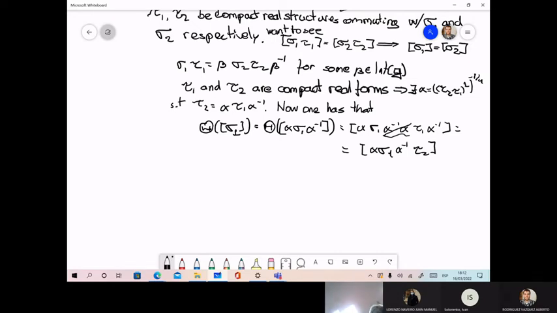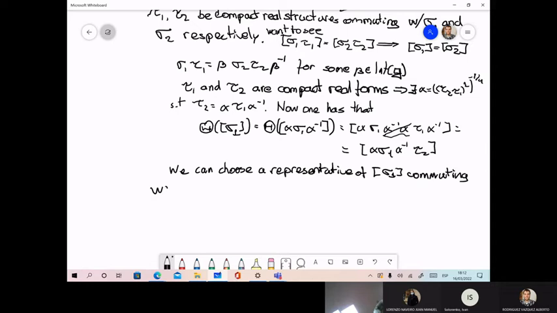So, okay, we can choose a representative in the class of sigma 1 commuting with tau 2, right?